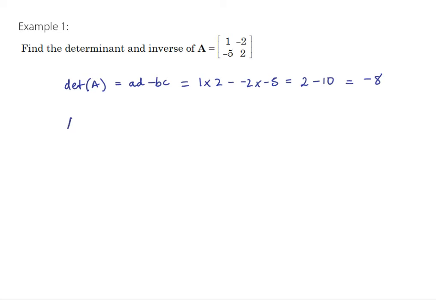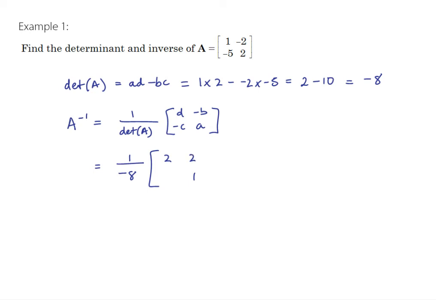We then need the inverse, which we know is 1 over the determinant, and we swap these two around and we make these two negative. So we're going to have 1 over negative 8. We're going to swap those two around and multiply these two by negative 1, which will make them both positive in this case. So that is our inverse matrix.